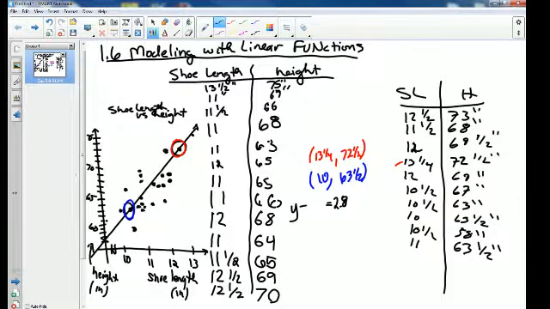Now we can do point slope, right? Easiest version. It's a little bit more useful if we do slope intercept, just because it tells us the y-intercept. So if we were to convert this, we got negative 28 plus 63.5.